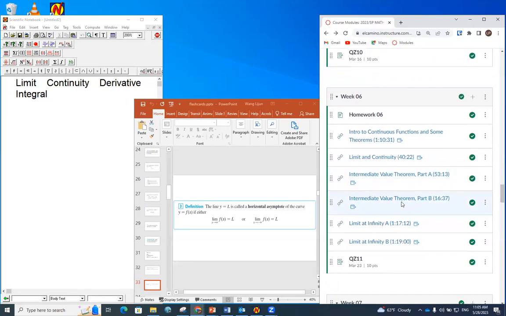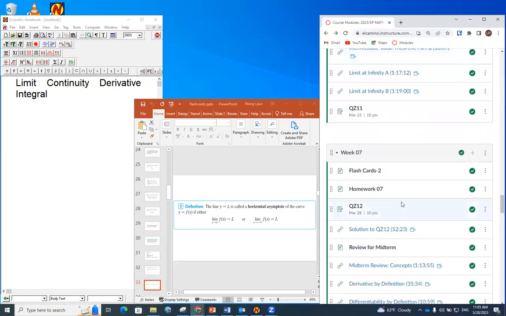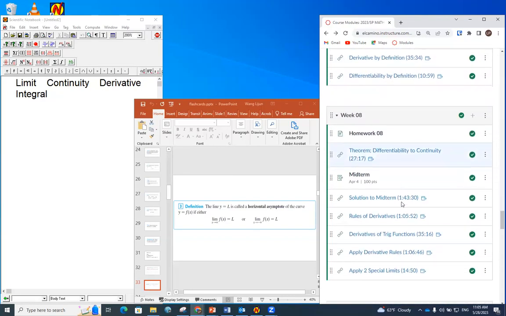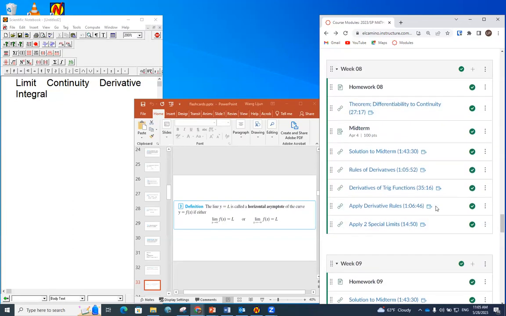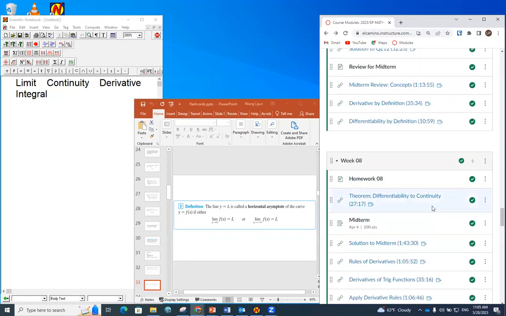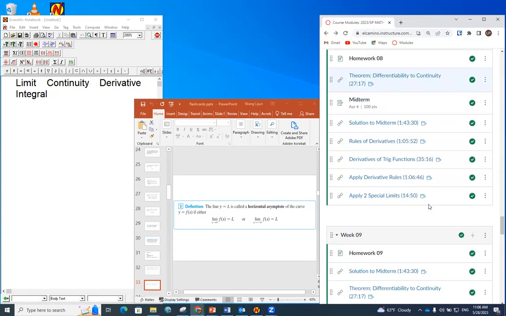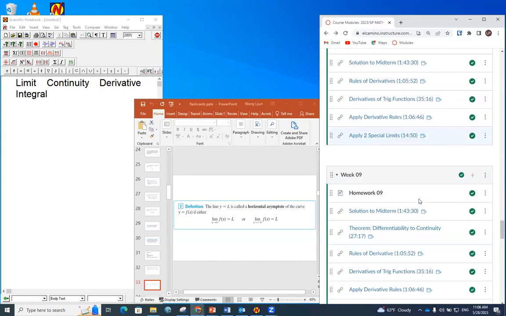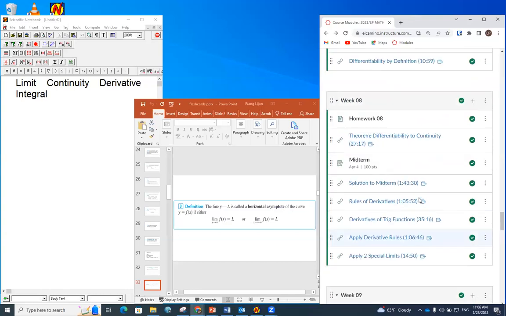In the middle of the semester, we have a midterm exam. By that midterm exam, we have primarily focused on limit and continuity. And afterwards, we have studied more on derivative.